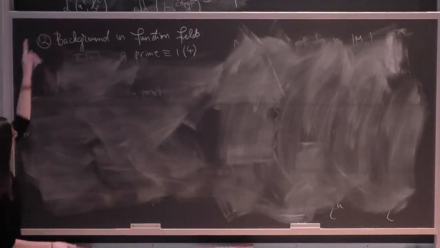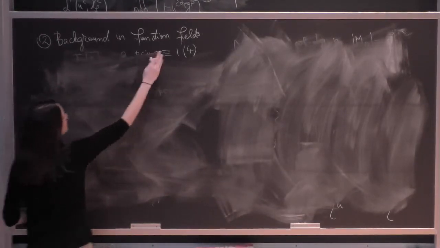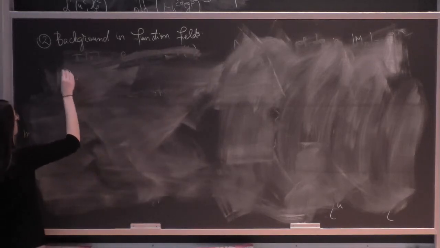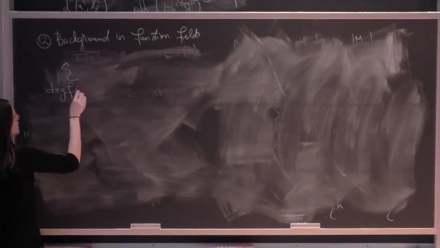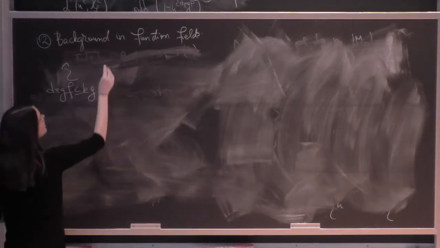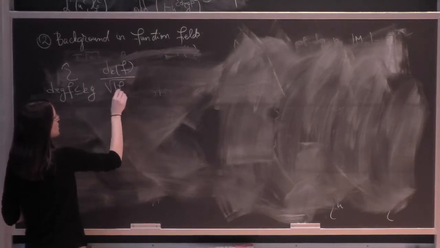So now we use this formula in the approximate functional equation, and we have to evaluate a sum over polynomials f of degree up to kg, d_k of f over the square root of the norm of f.